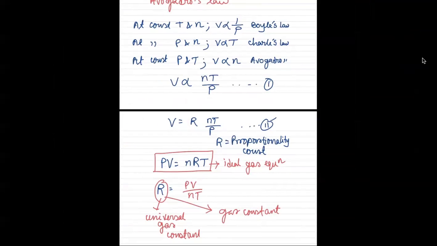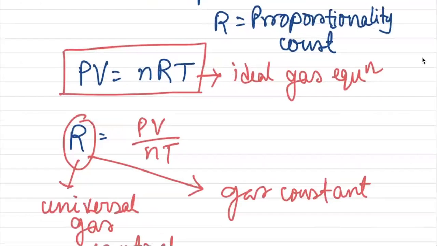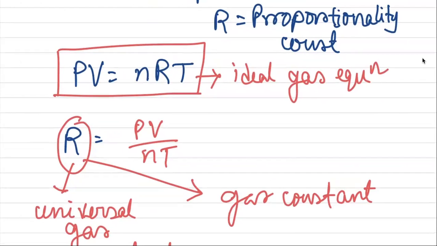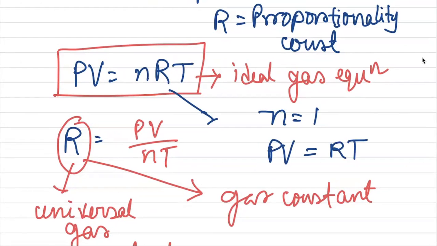Now, from this equation, when n equals 1, that is for 1 mole of gas, then the equation will be PV equals RT.